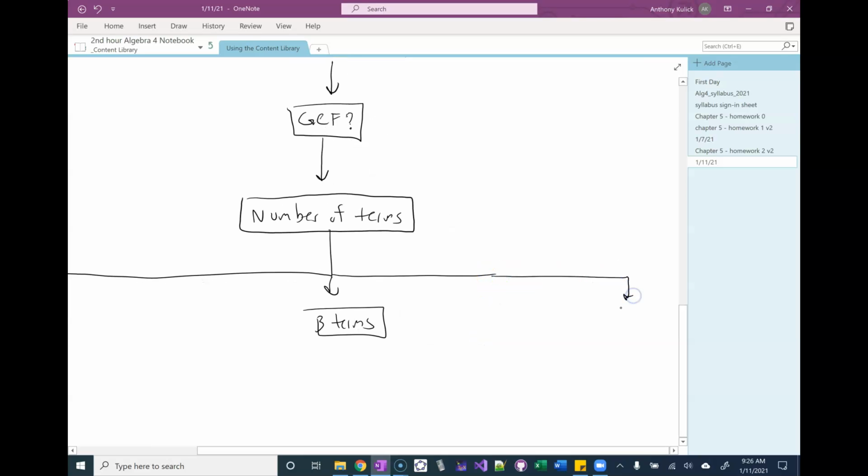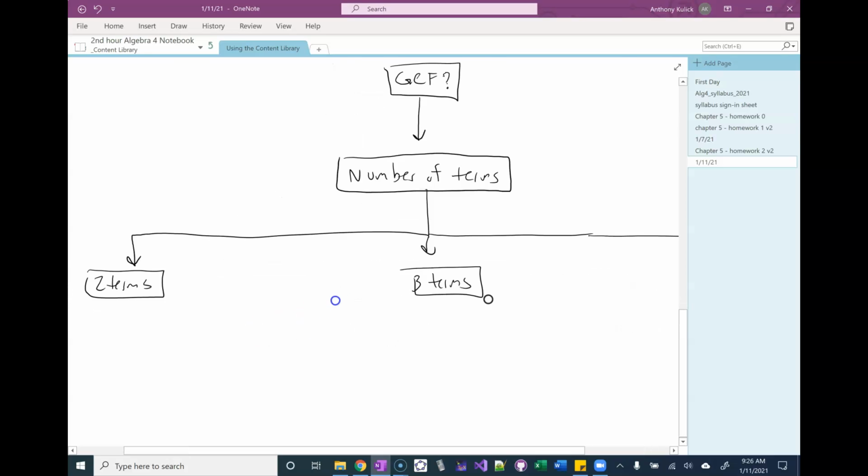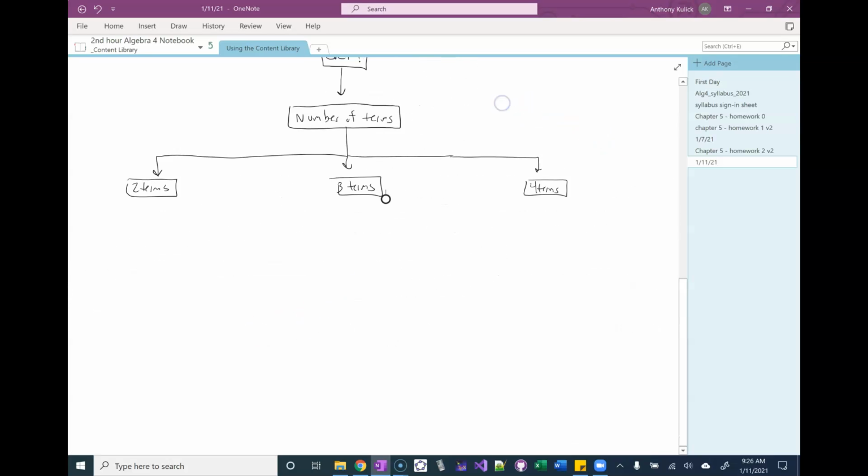That's if we have 2 terms, if we have 3 terms, and if we have 4 terms. Make sure you leave those pretty wide apart because there's going to be a lot of stuff underneath that. I'm going to work from right to left, so we'll start with the 4 terms first.